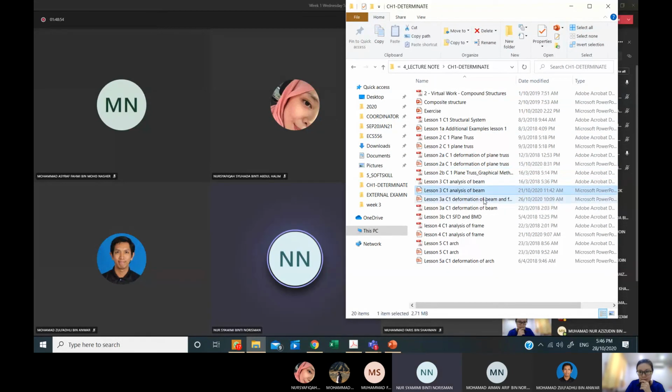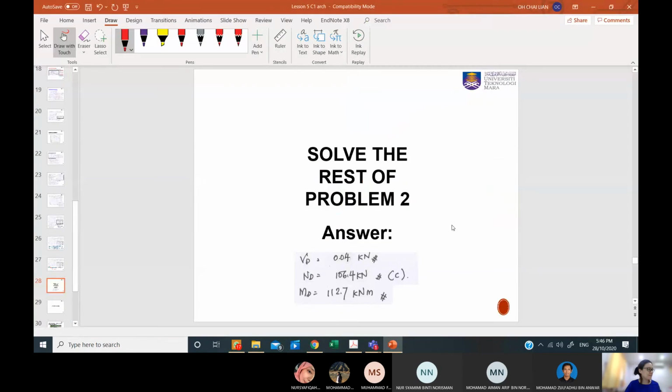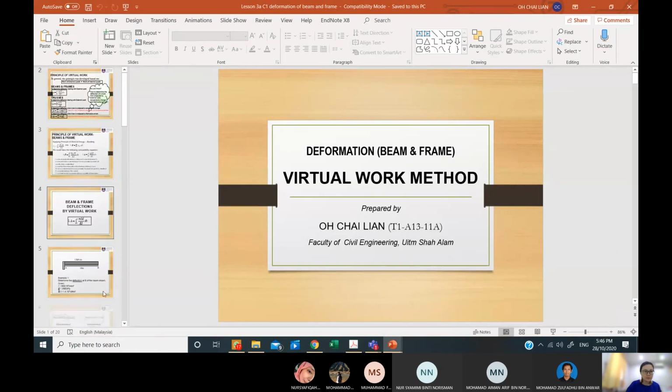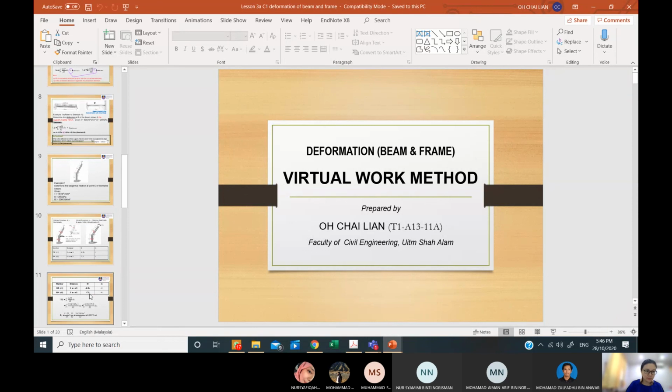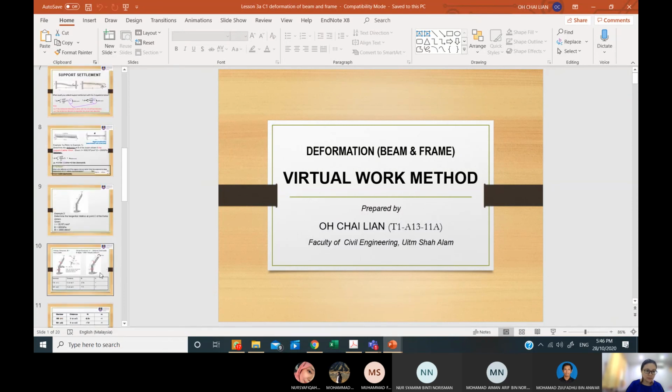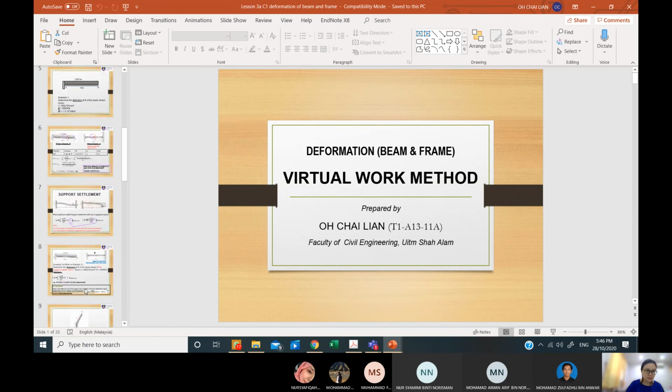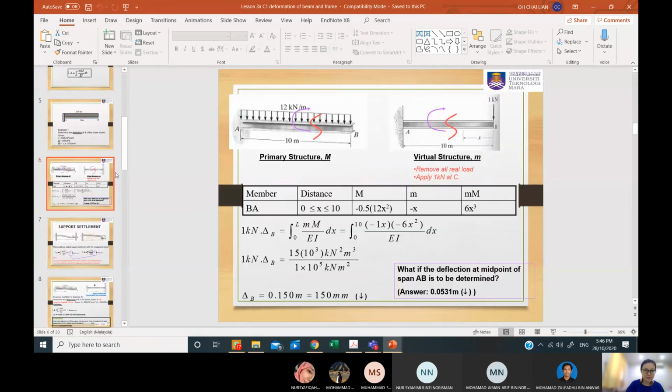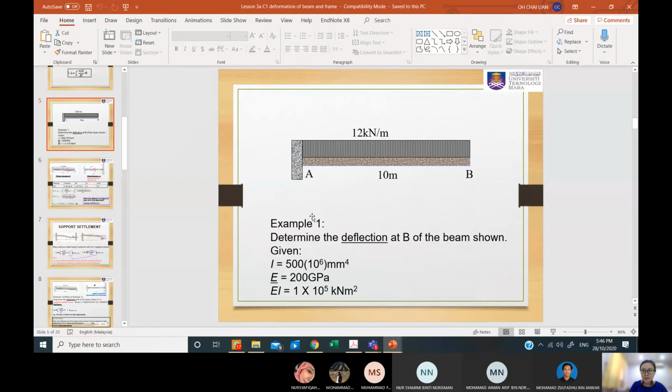This is a beam. Maybe let's try a simple one first. Let's have a look at this one. I am drawing a cut section for this.